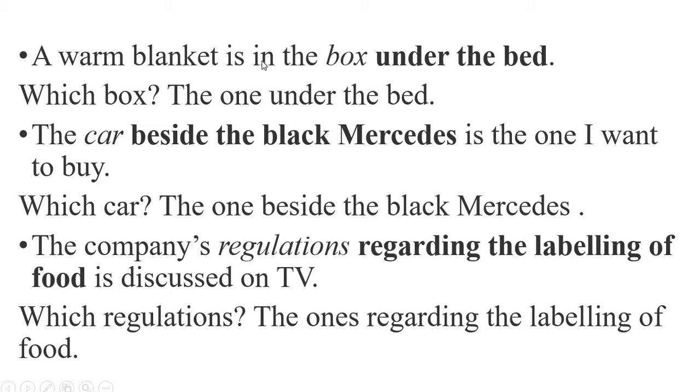I'm not interested in the box. Why? Because I am interested to explain to you the prepositional phrase functioning as adjective, and it is this prepositional phrase that functions as adjective. Adjective of what? Well, adjective of the box.